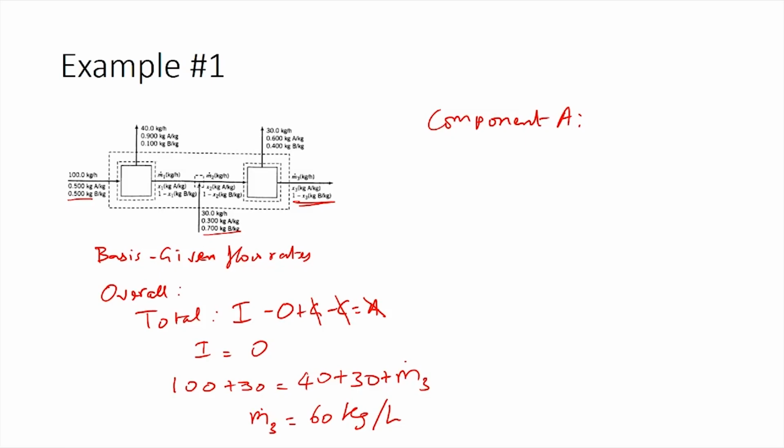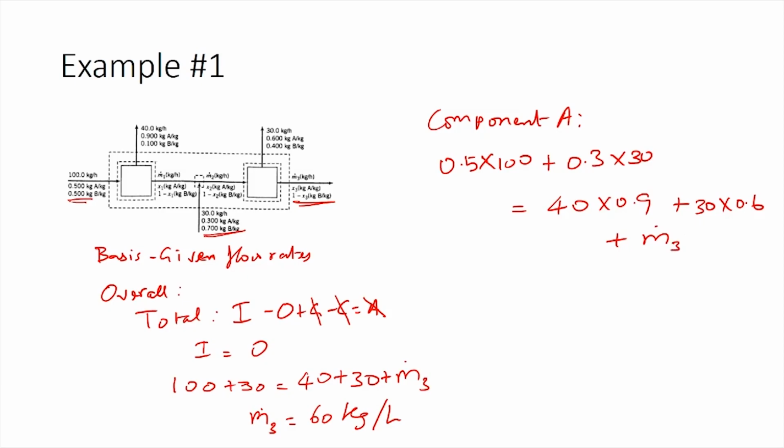We will first write the component A balance. So, what we have is two input streams where the compositions are known. It is 0.5 times 100, which is A entering through this stream, and 0.3 times 30 based on A entering through the other stream, and you again have output streams which are 40 times 0.9 plus 30 times 0.6 plus M3 dot times X3, where X3 is the composition of A in the product stream 3.